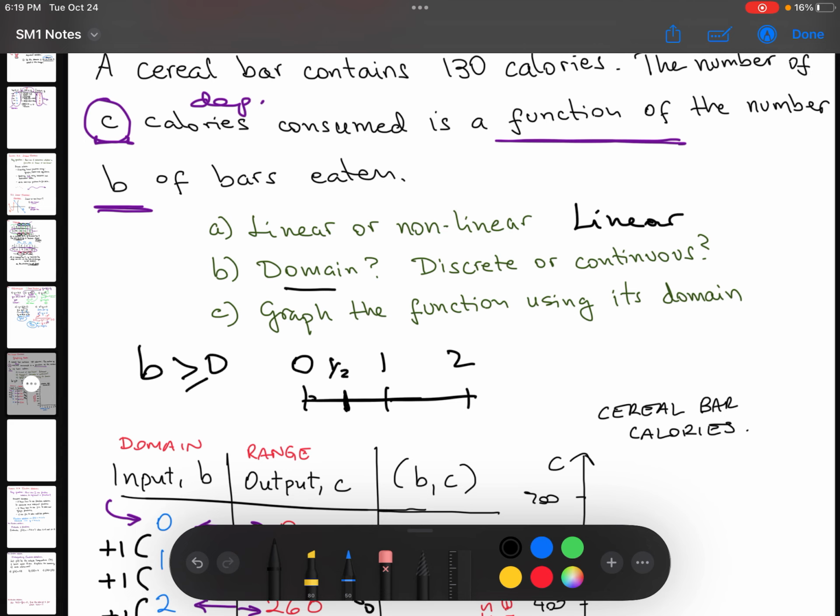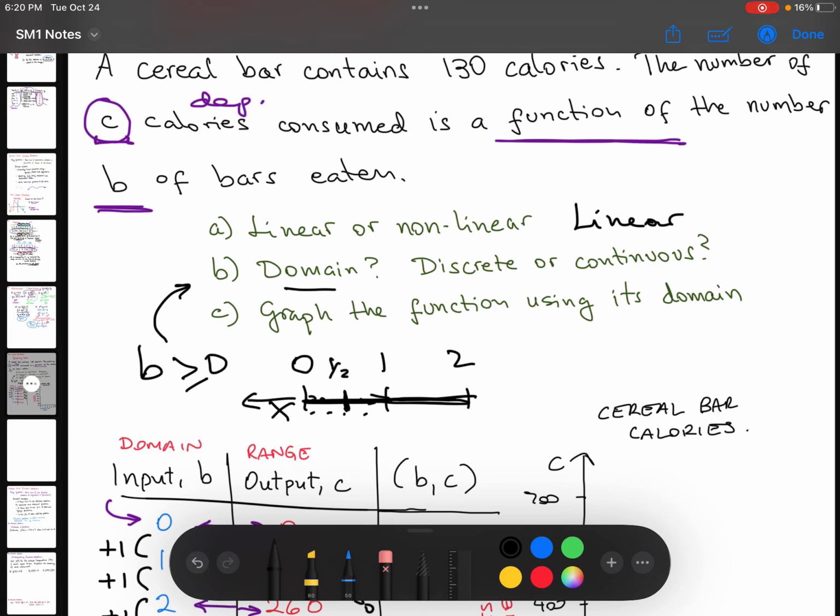So this is not going to be a discrete domain. It's actually going to be a continuous domain, but keep in mind that this cannot be less than 0, because you cannot eat a negative number of bars. The domain is continuous and it's greater than or equal to 0. So we have already answered part B.